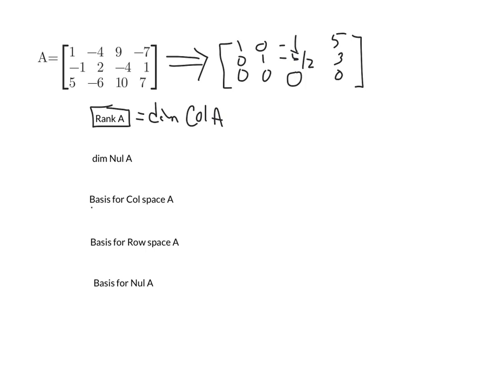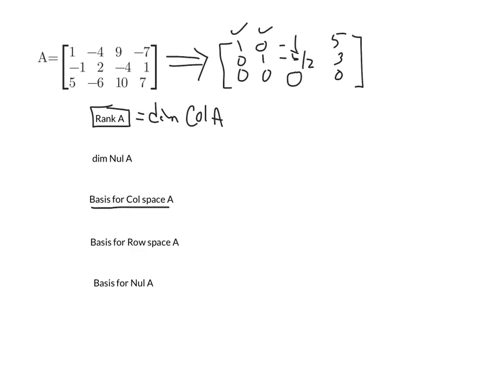So let's jump down before we determine the rank, and look at the basis for the column space. If you recall, a basis for the column space can be found just by recognizing that we've got a leading 1 in the first column and a leading 1 in the second column.